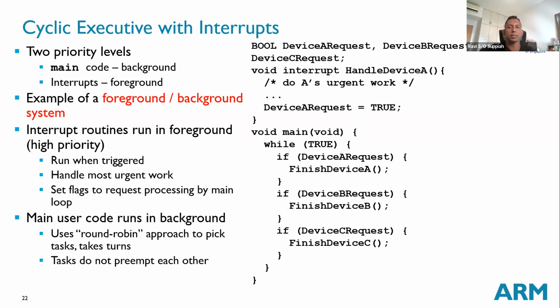Okay, so one way is you can have a while loop, and the while loop will always check for the interrupts being triggered. So if any interrupt is triggered, then I say that request is true. Okay, and then I finish once that check is true in the main loop.